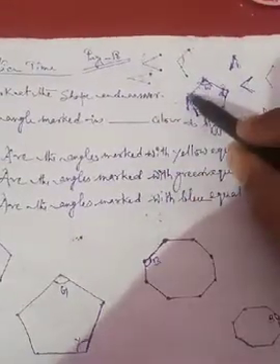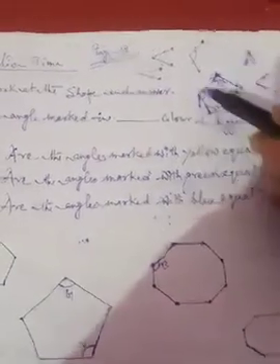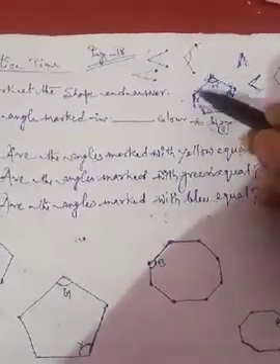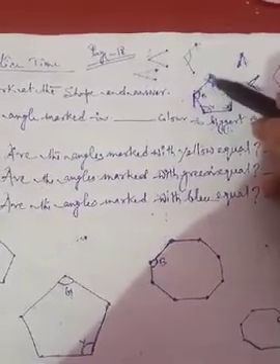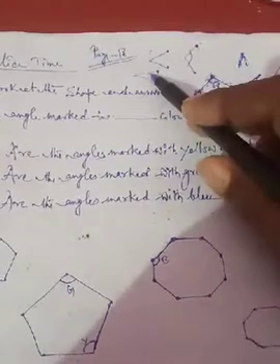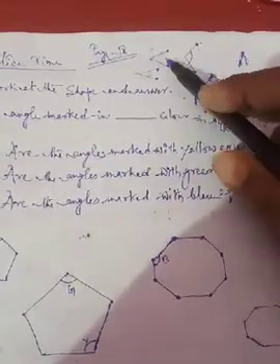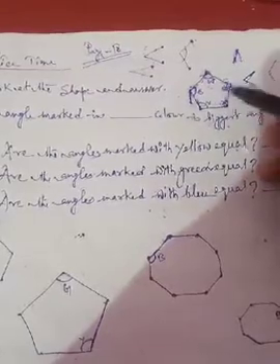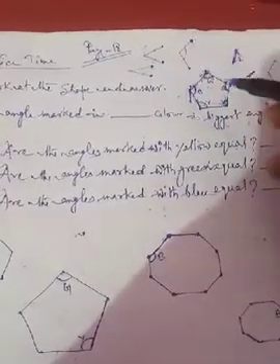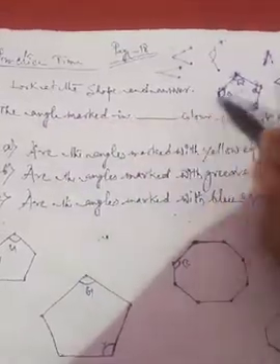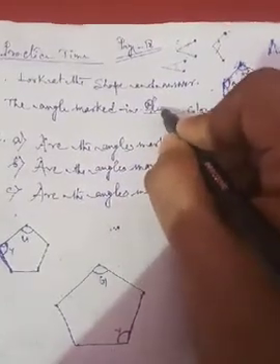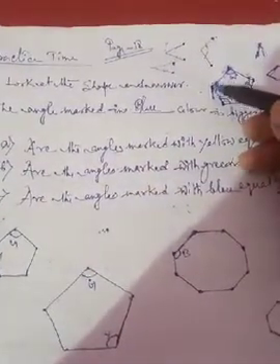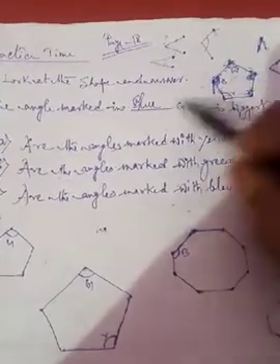We don't know the magnitude of the angle, but still we have to answer which angle is bigger. So how do we give the answer? We have to see the diagram, the shape. By seeing the shape we see that this white angle is like this, the yellow angle is like this, but this blue angle is an extended angle. So we can write that the angle marked in blue color is the biggest angle.